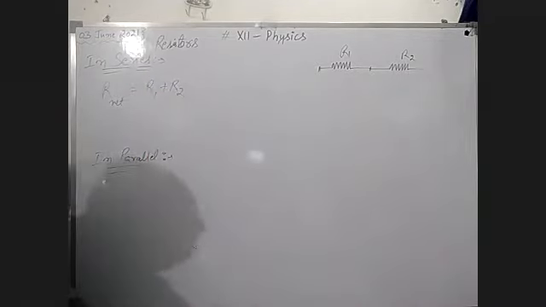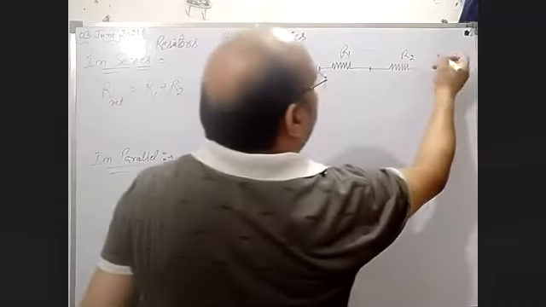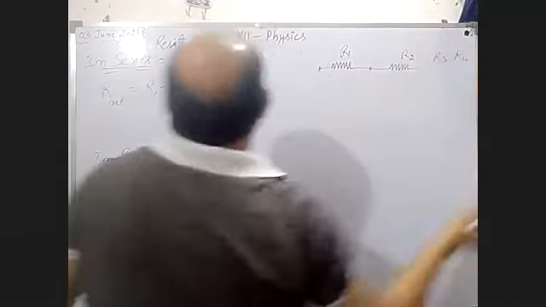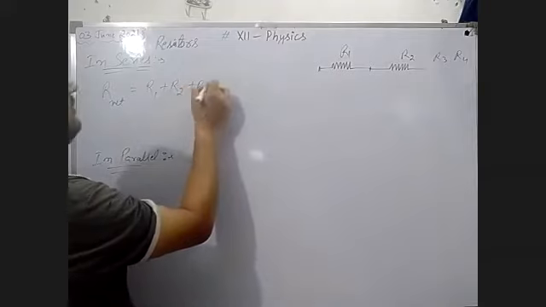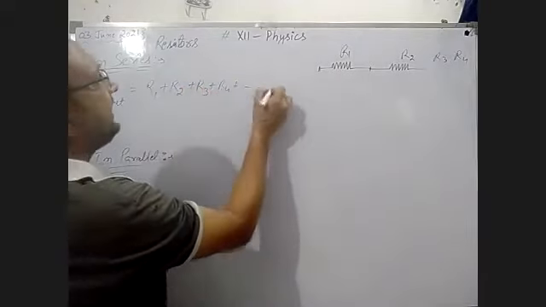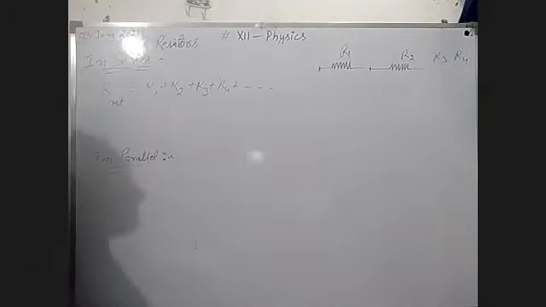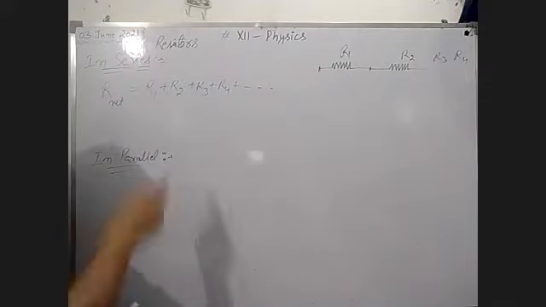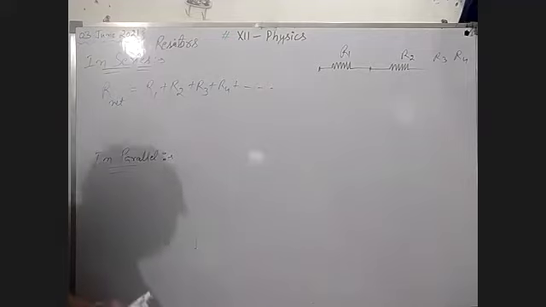If there are many resistances, R1, R2, R3, R4, in this way, then you have to add like this. The algebraic sum of all the resistors you have to take in this situation, the series combination.